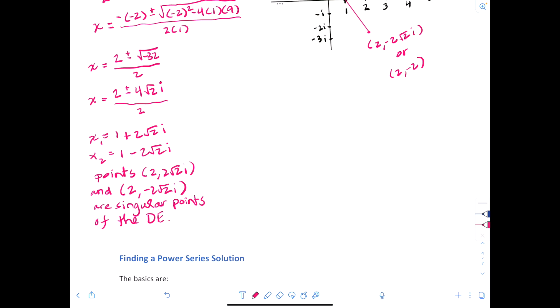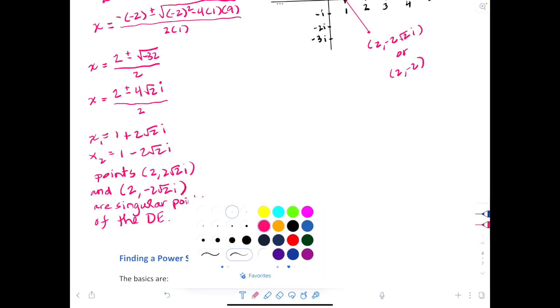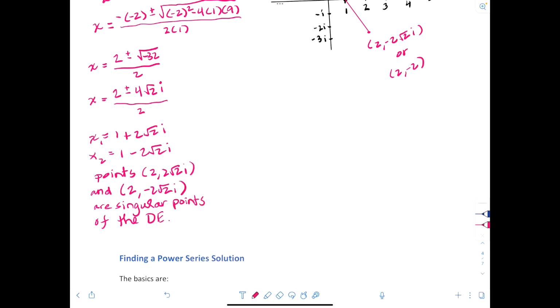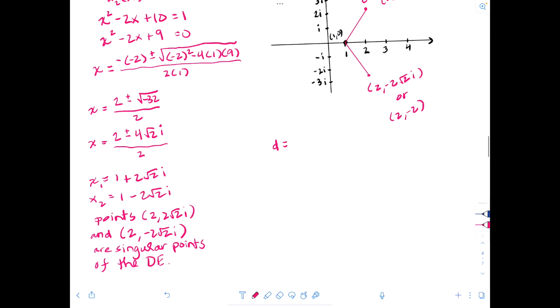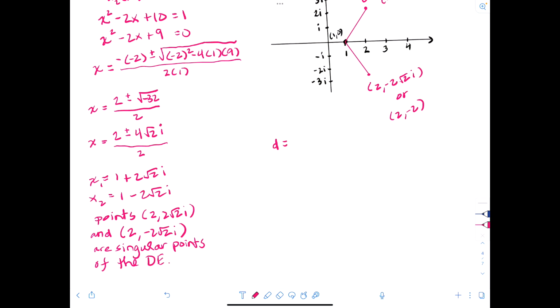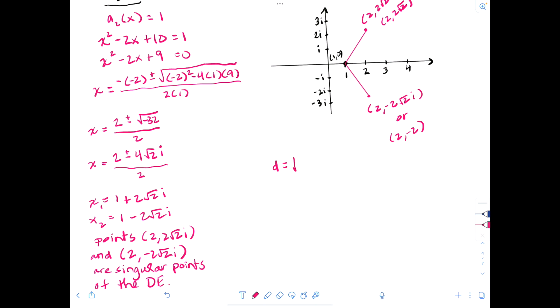We will have our distance this time, so we've got these points here, so it's going to be 1 minus 2 the quantity squared plus 0 minus 2 root 2 the quantity squared.